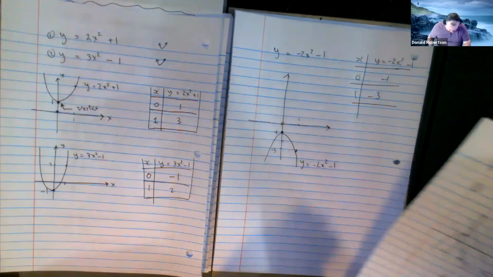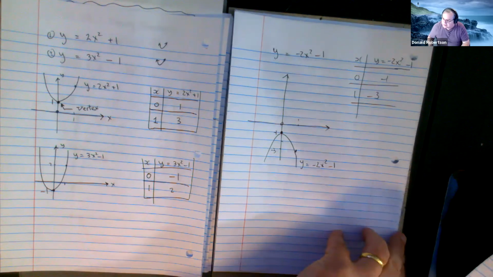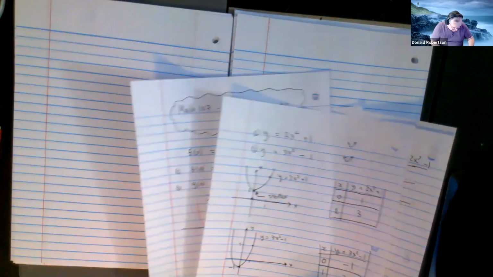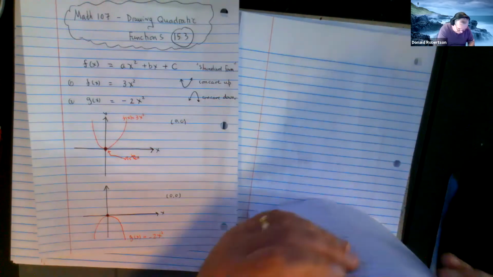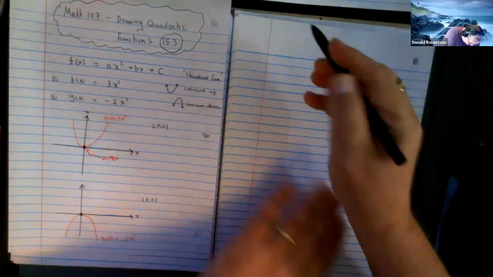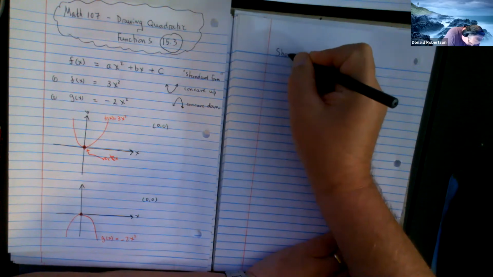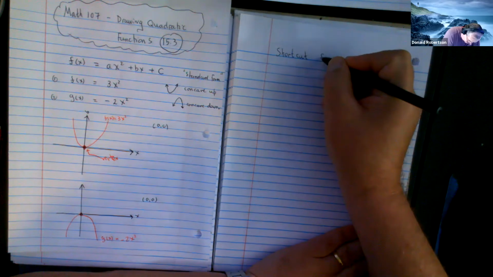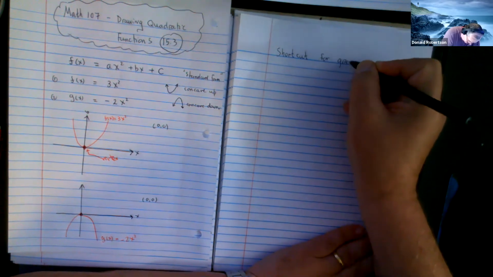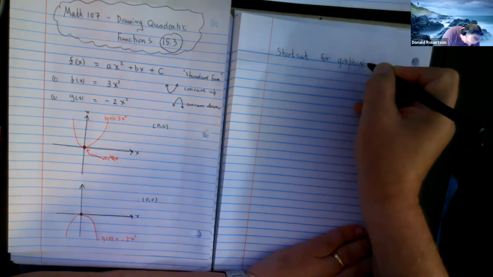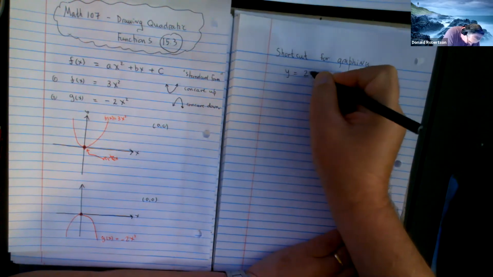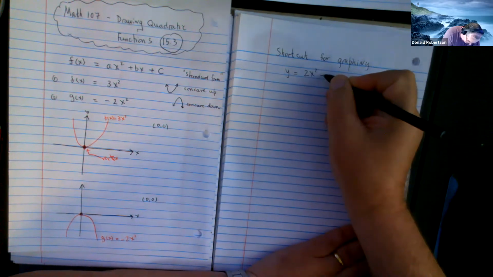Wouldn't you like to see a shortcut? A quick way of doing that. So let me show you a shortcut. So it's in the notes, shortcut for graphing these four guys.